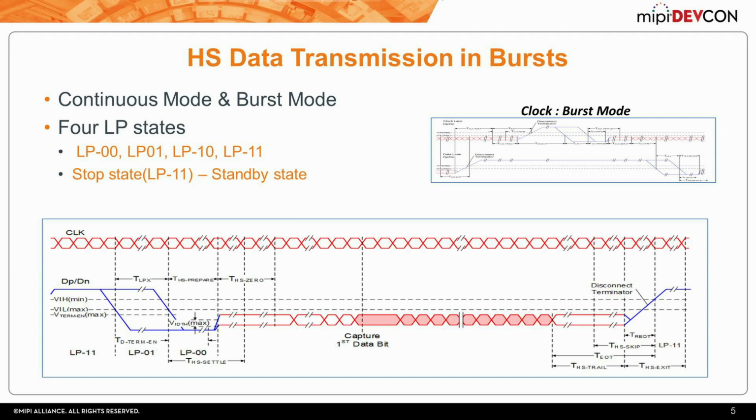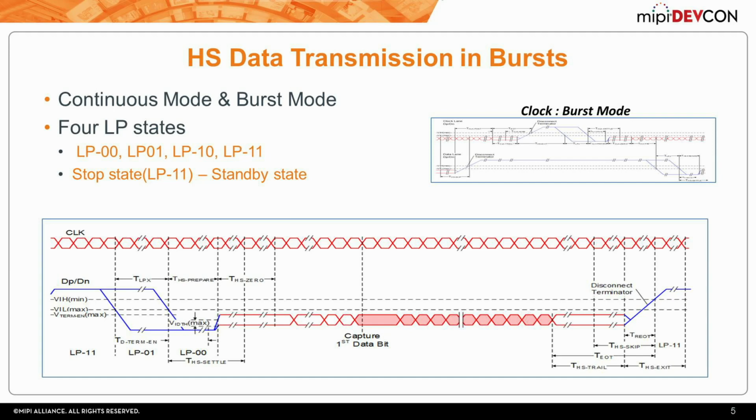During this time, the receiver is switching the terminations. Once the terminations are switched, it's ready for the HS traffic to be sent. There is an HS0 region, and a sync pattern is sent here, during which the receiver is getting prepared for high-speed data reception. And then followed by the region highlighted here in red is the HS payload.